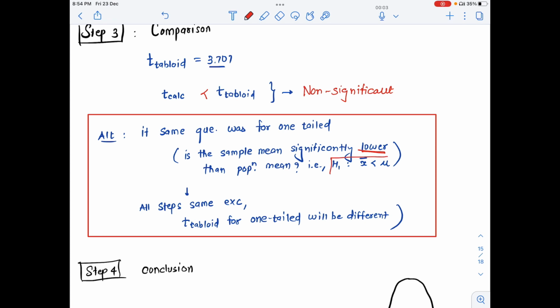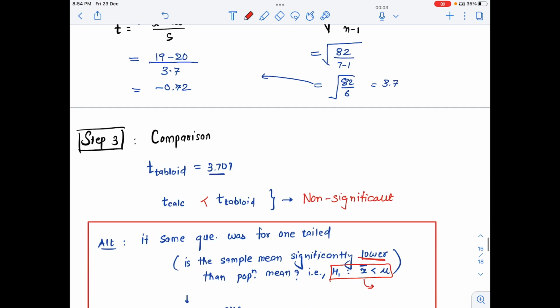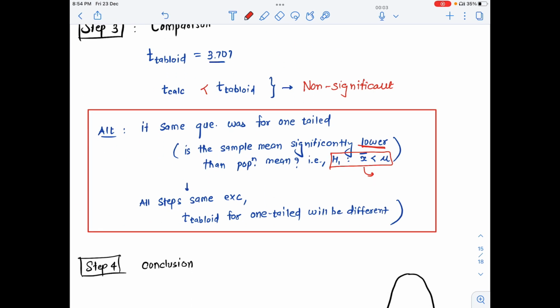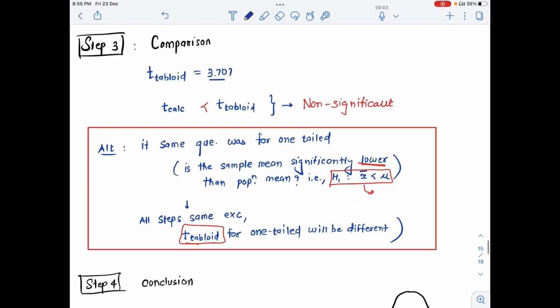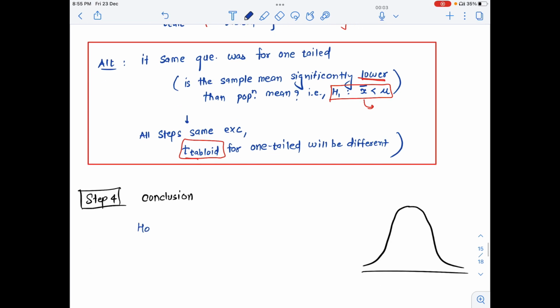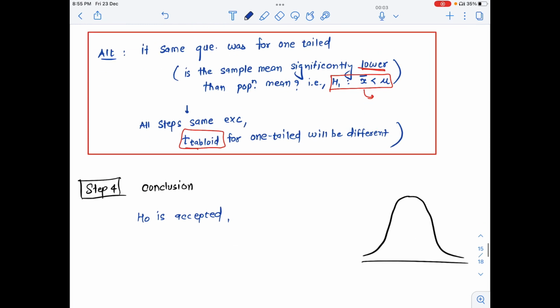Then if the alternate hypothesis was this, all the steps till step 3 would be similar, but in step 3 you will have a different tabulated value, and how to calculate that will be discussed in another video. Step 4 is conclusion. Because the value was non-significant, H0 has to be accepted, and there is no significant difference between the two means.